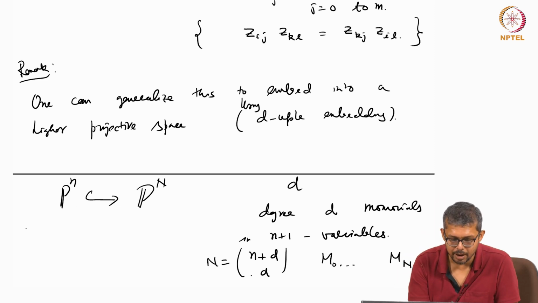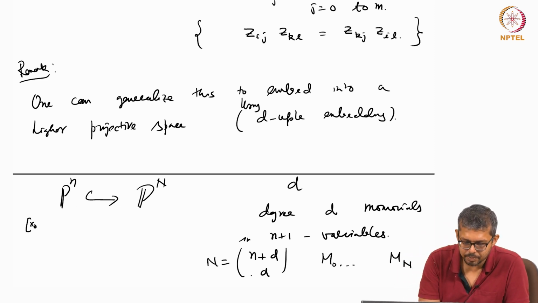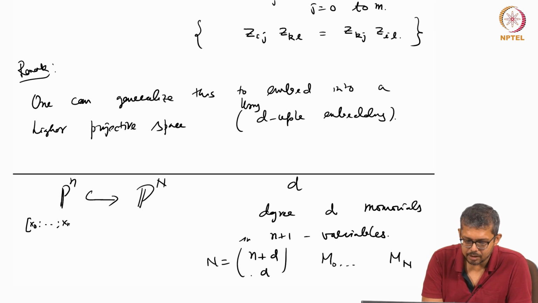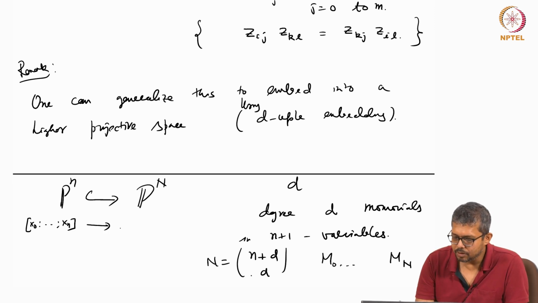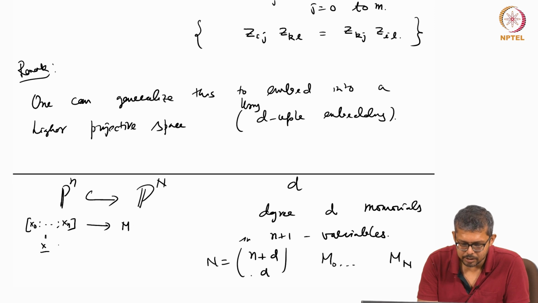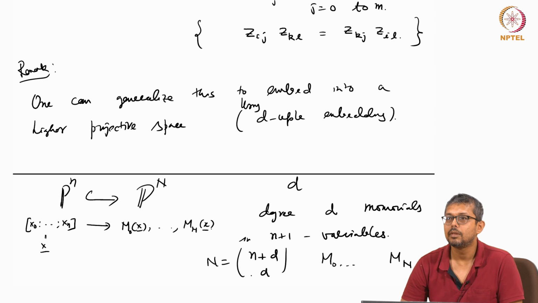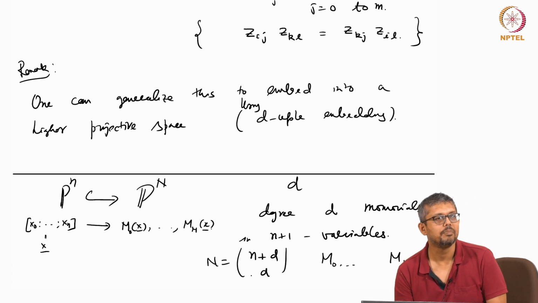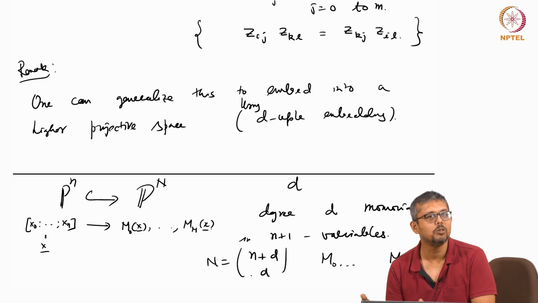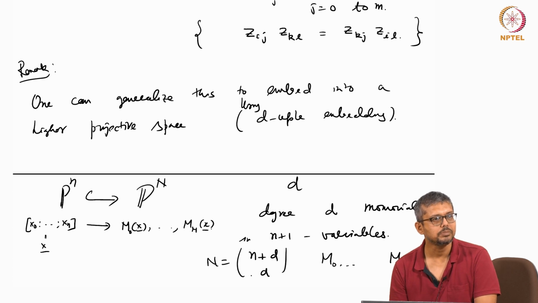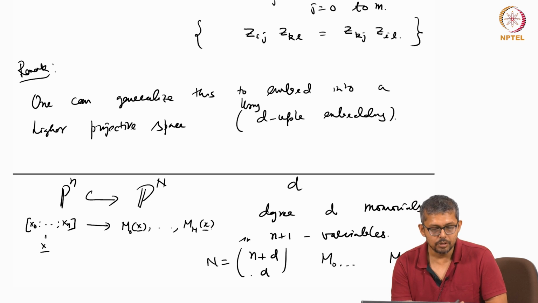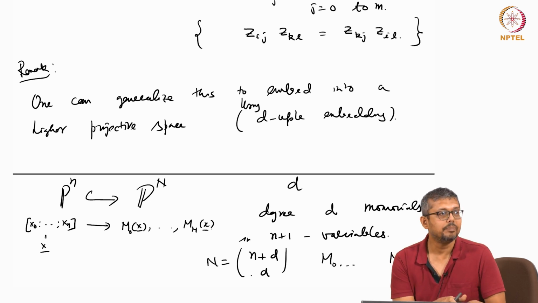So I can map x0, ..., xn to m0(x), ..., mN(x). And this is an injective map because these are monomials, and one of them will be non-zero, right? So this gives an embedding of Pn into P^N.